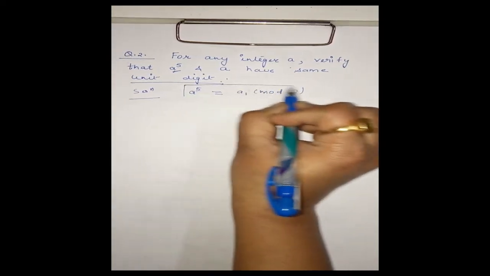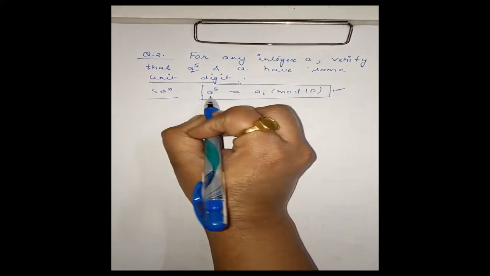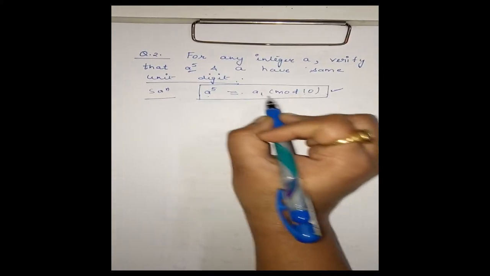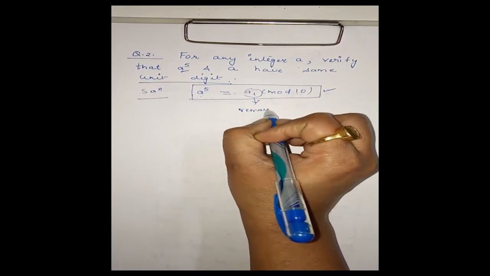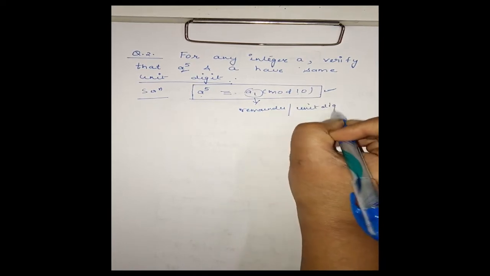We have to set this congruence. If we have this type of congruence, then this a1 will be the remainder or the unit digit.